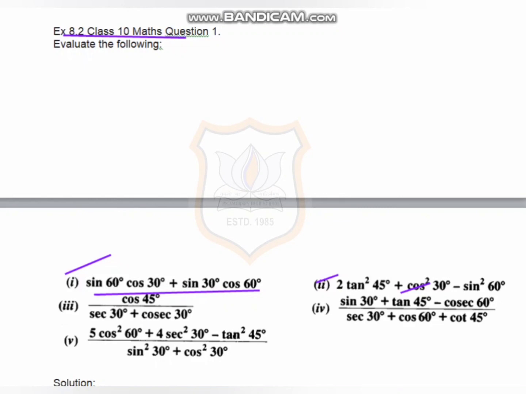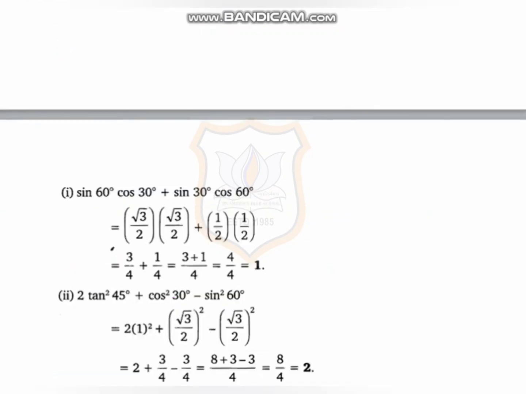Let's start the first sum. How to solve this? Question number 1. Sine 60 cos 30 plus sine 30 cos 60. If we remember the values from the above table, sine 60 is root 3 by 2 and cos 30 is root 3 by 2. We have to just put the values. Sine 30 is half and cos 60 is half. Then root 3 multiplied by root 3 we get 3, and 2 multiplied by 2 we get 4.